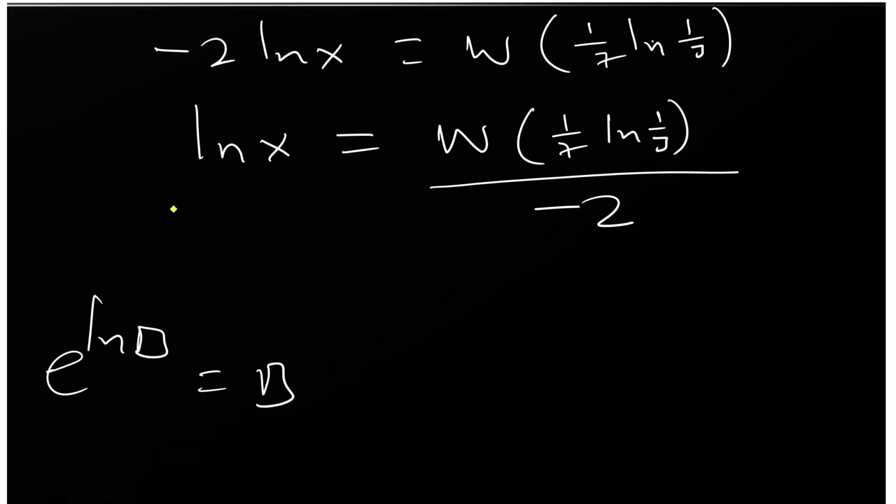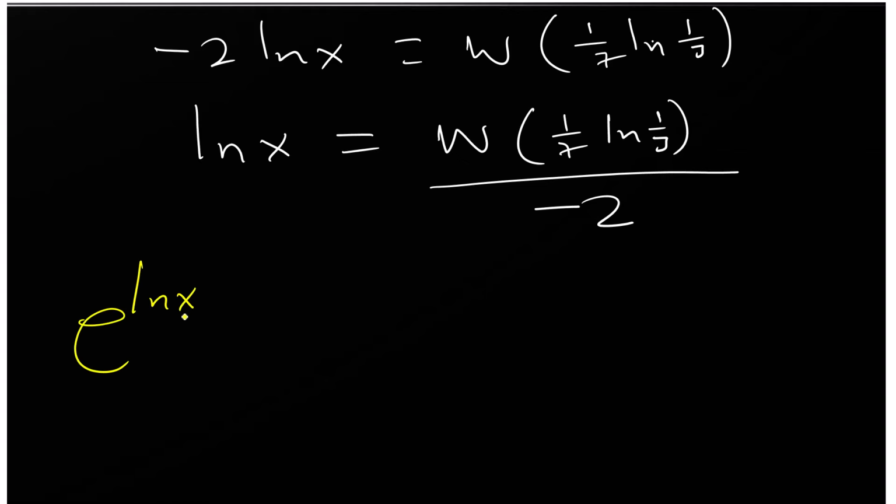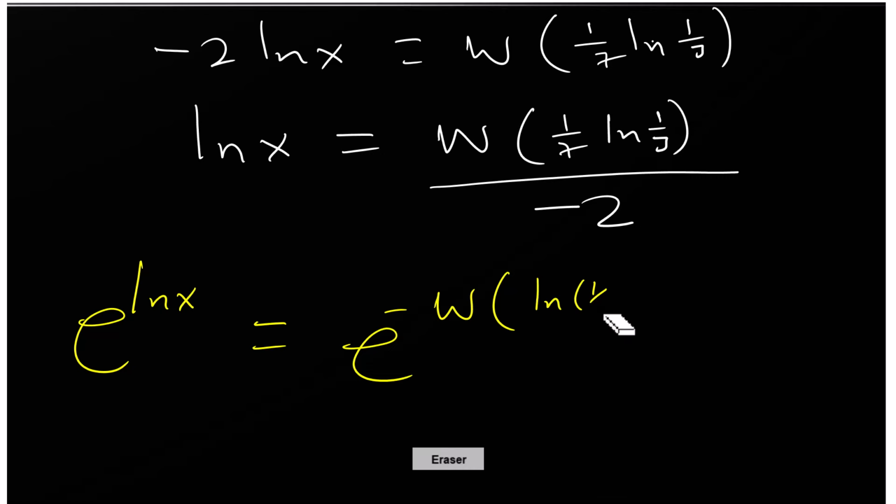So my next step will be e raised to ln of x equals e raised to the W function. We can write this one as ln of 1 over 3, all raised to 1 over 7 if you want to move it that way, over 2.